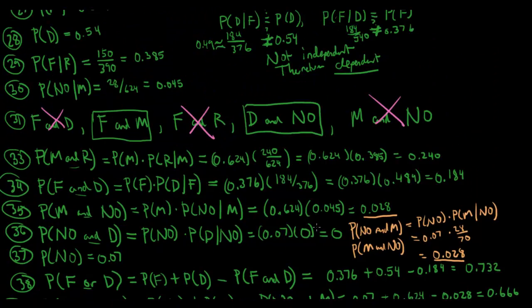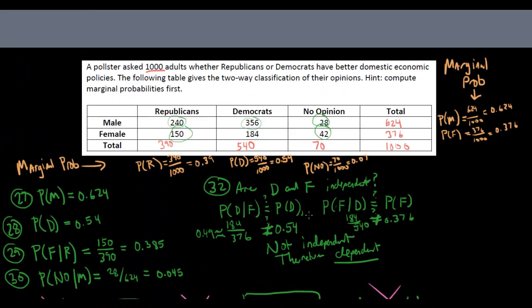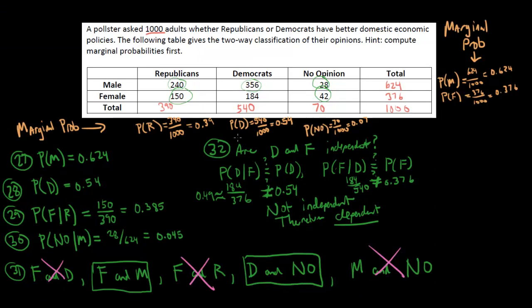If we're looking for the probability of being Republican, no opinion, or male, well, I circled everything we're looking for. What that leaves out are only female Democrats.